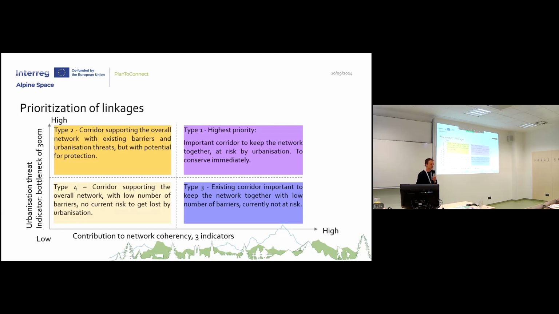So 300 meters on an alpine-wide level is not very much. That's why we assume that they are kind of threatened. On the other side, type 4 corridors are the least important ones to protect at the moment, let's say. Those are corridors supporting the overall network, and they are not threatened by urbanization. So type 2 and type 3 are somewhere in between.